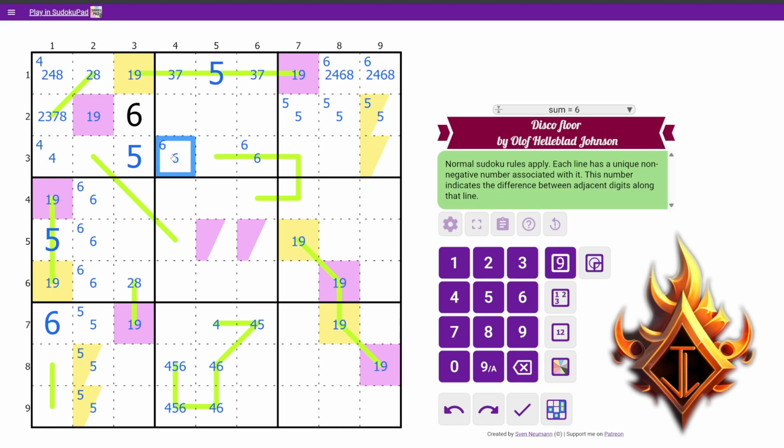If this was 6, then this would be pink. So this is 1, 9.